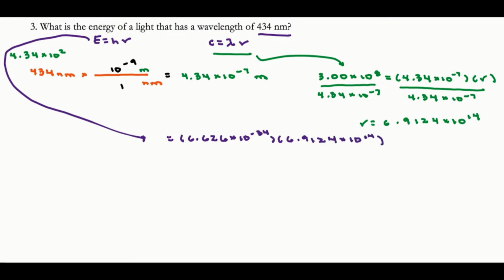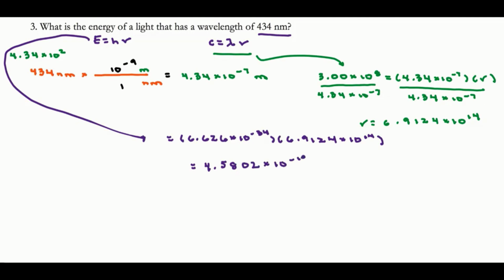Keep in mind, what I would recommend doing, since you just solved for frequency in your calculator, keep it in there, and now just multiply by Planck's constant, 6.626 times 10 to the negative 34th, because that way you're not going to be over-rounding. So the value that I get unrounded is 4.5802 times 10 to the negative 19.